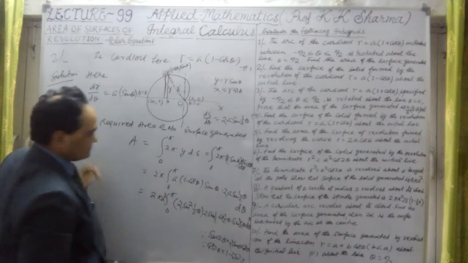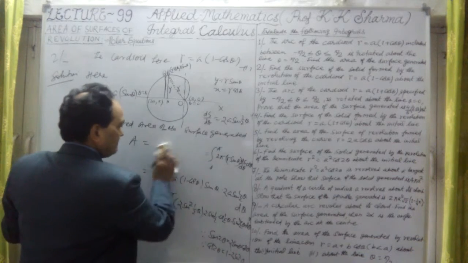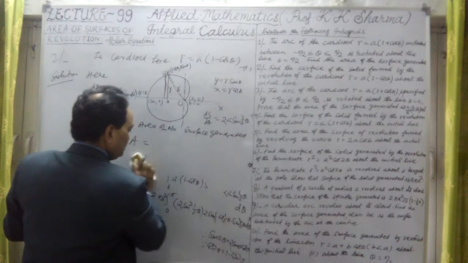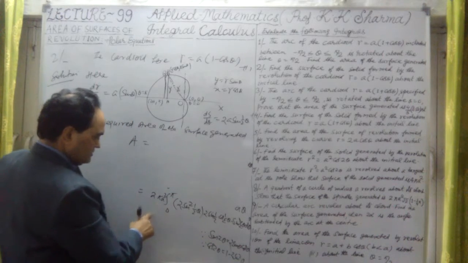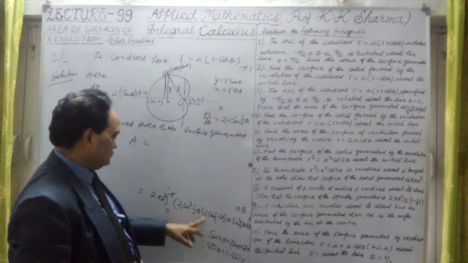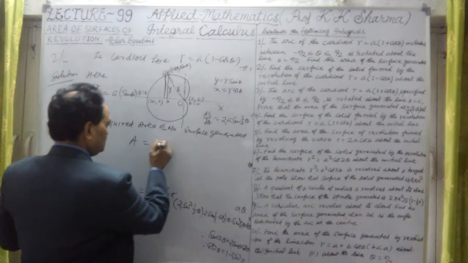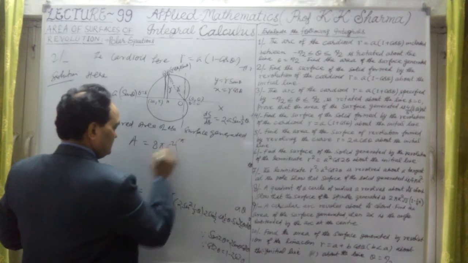Now let me further summarize this. So let me write here. It will give us 2 pi into 2 into 2, so 2 to the 4 to the 8. So this is 8 pi a square, with limits now 0 to pi.